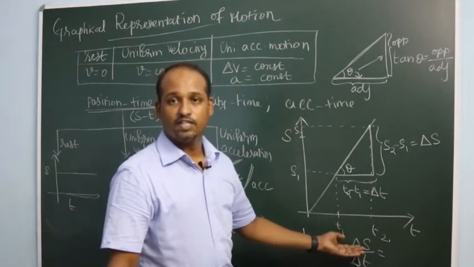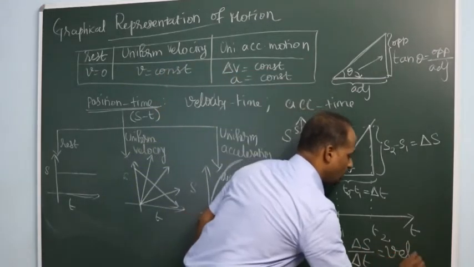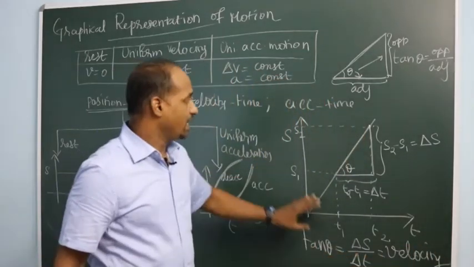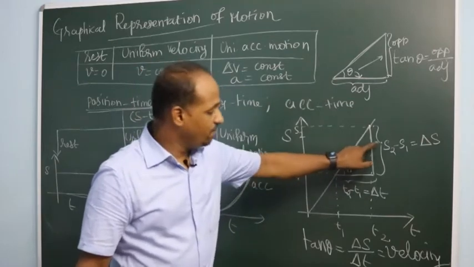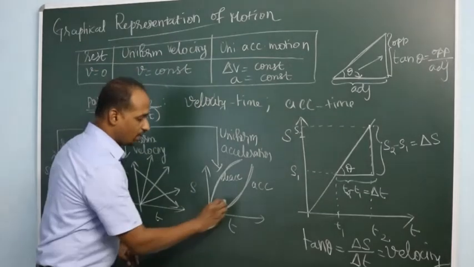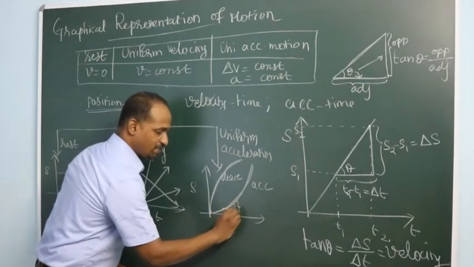So change in position, displacement, by time interval will give you velocity. So in the position time graph, if you take the slope, that means tan theta, you will be able to find out the velocity of the moving object. If you look at this, in the first 1 second, velocity is less, the displacement is less.